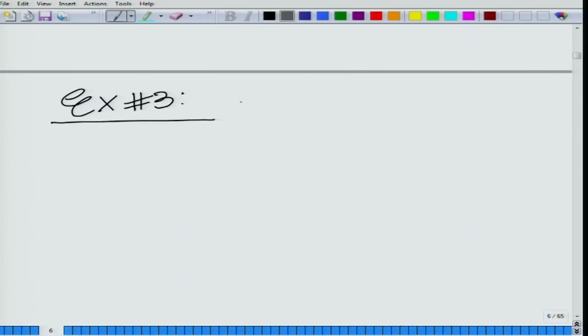Consider the signal x(t) equals e to the power of j 5 pi by 8 t. This is x(t).